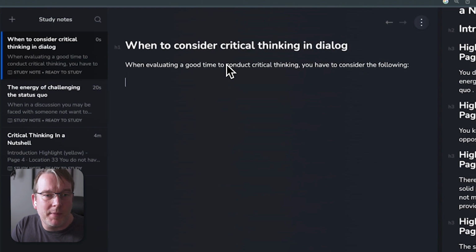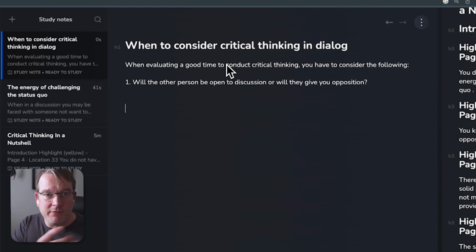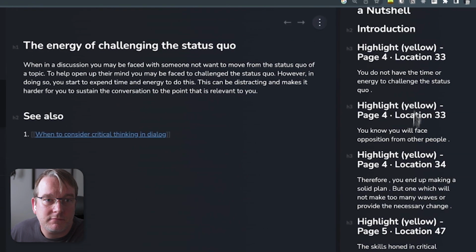And I'm just going to drop in now this idea here that will the other person be open to discussion, or will they give you opposition? So, and this is a note now that I can keep evolving as I go through the text. There may be some other things in here that are quite useful to put in. Okay, so we're back over here, and then we've got a link to that.